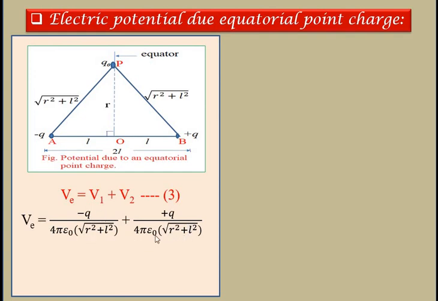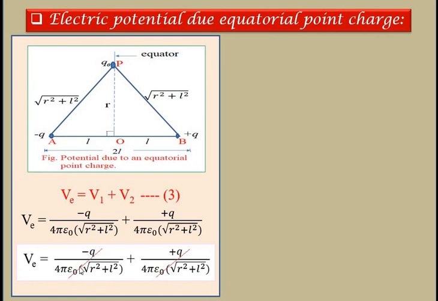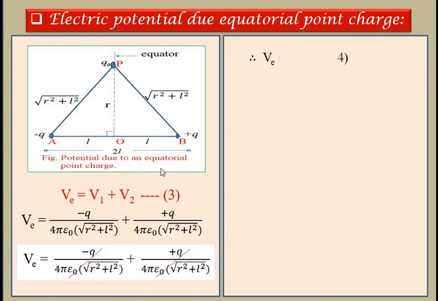These two values are the same, but here the sign is different. These two cancel each other because the denominator value is the same, the numerator is also the same, but the sign is different. Plus and minus cancel and we get the value of VE is equal to 0. Suppose this is equation number 4.